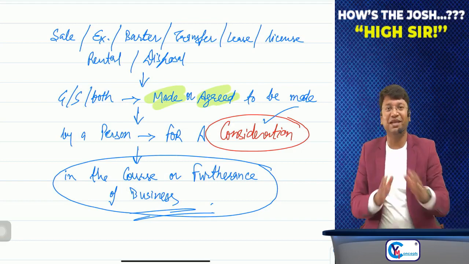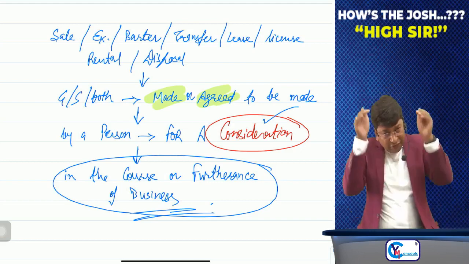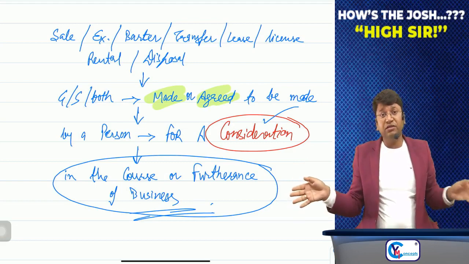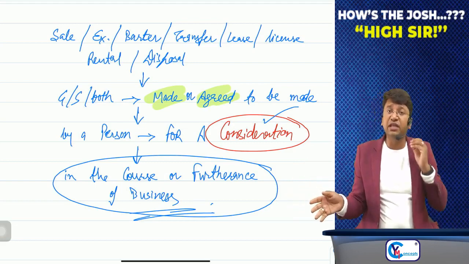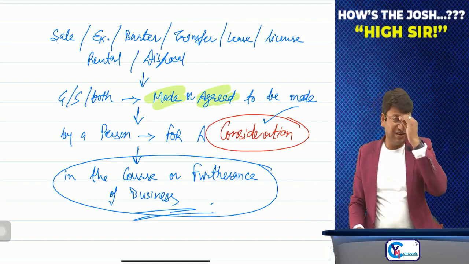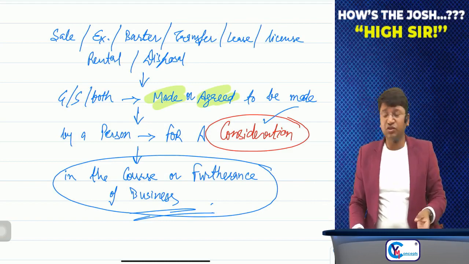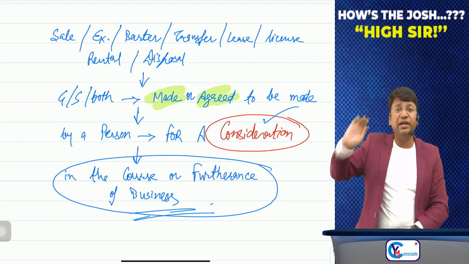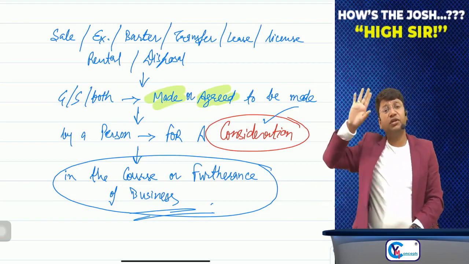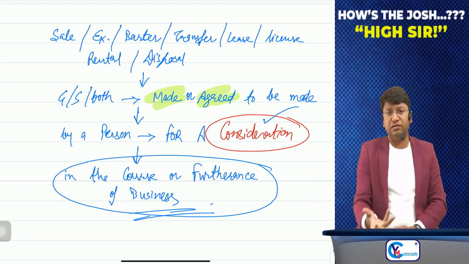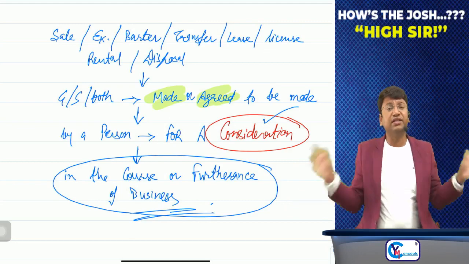Are you paying any fees to the government or to the God? No. Sir, this is not a fees. God is not doing anything for money. So this is not a consideration. So if you are donating any money or anything to any institution or any person voluntarily without any exchange of anything, then it is donation, not a consideration at all.